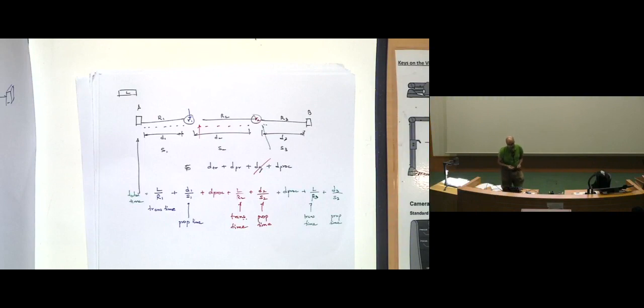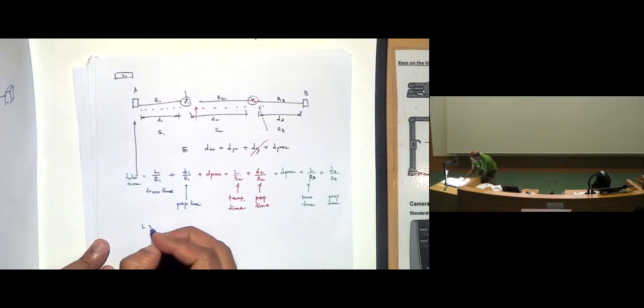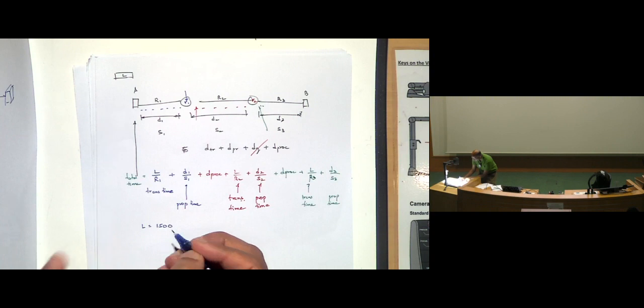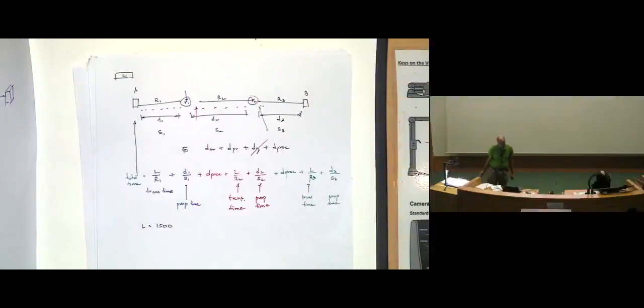And in the second part, it gives you basically values. It says, now say that the packet is 1,500 bytes. So L is 1500 bytes.